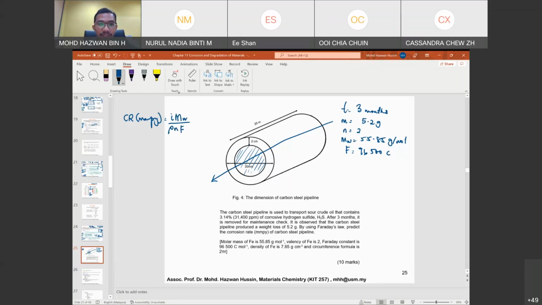Right. So do you think the current density value is provided here? Oh, it's not provided. So current density is equal to current over area. Area, maybe you can find it. Current is not provided. So what do you need to do?